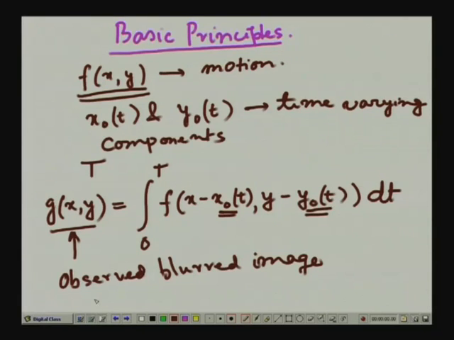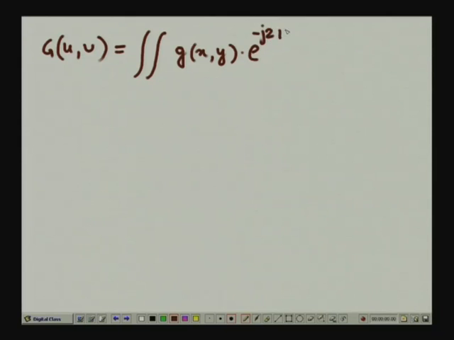Now, from this we have to estimate the degradation function or the blurring function. Once we get g(x,y), our purpose is to get its Fourier transform. That means we are interested in the Fourier transformation G(u,v) of g(x,y), which, as we know from the Fourier transformation equations, is given by the double integral of g(x,y) into e to the power minus j 2 pi (ux plus vy) dx dy, from minus infinity to infinity over both x and y.